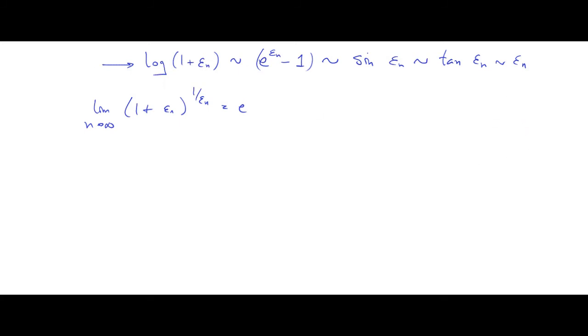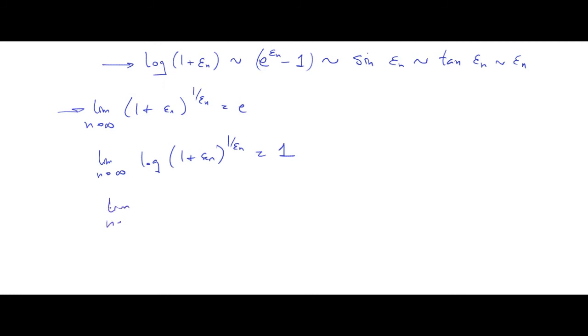So we have this. Now we take logarithms here. The logarithm of the limit is the same as the limit of the logarithm, we know that. So this is the limit of the logarithm of 1 plus epsilon sub n to the 1 over epsilon sub n, equal to the logarithm of e, which is 1.